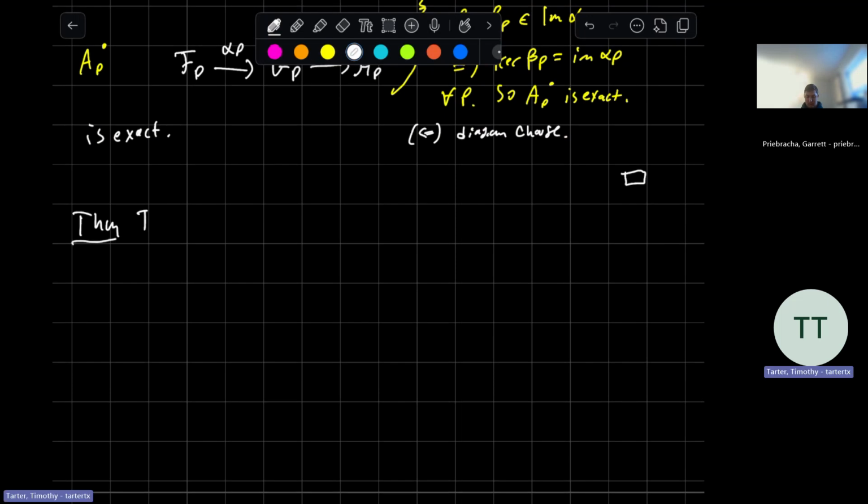Theorem: taking the stalk of a sheaf of abelian groups is an exact functor.